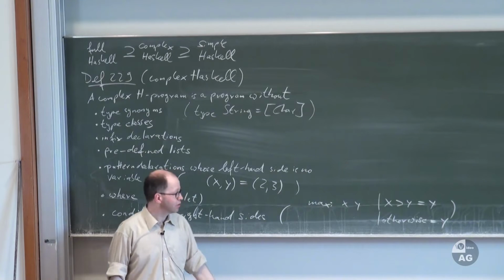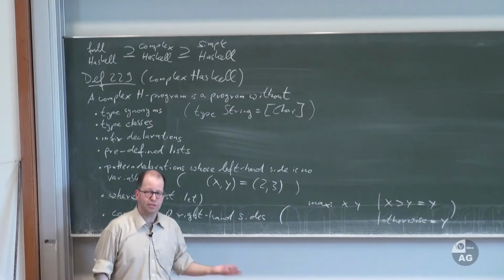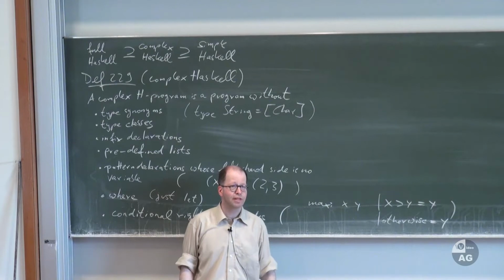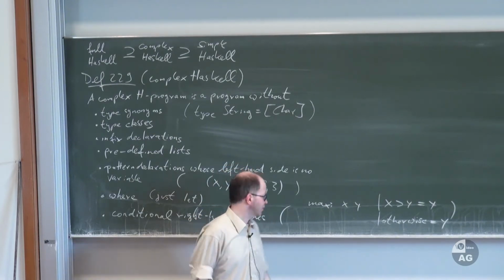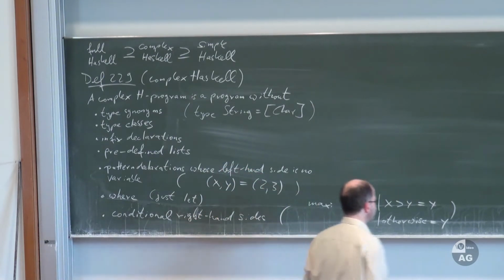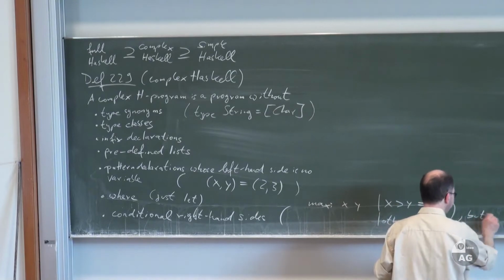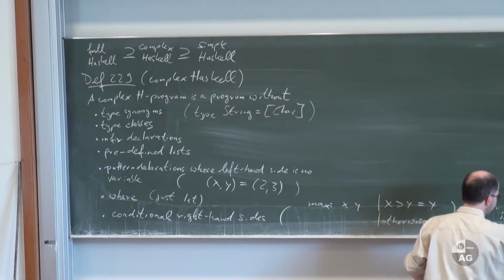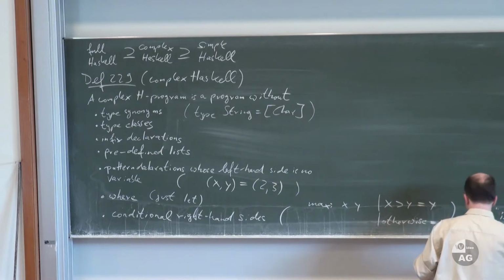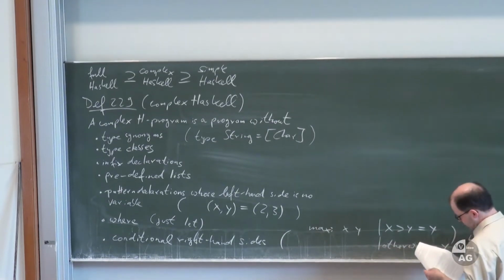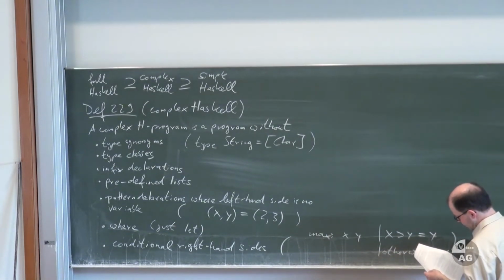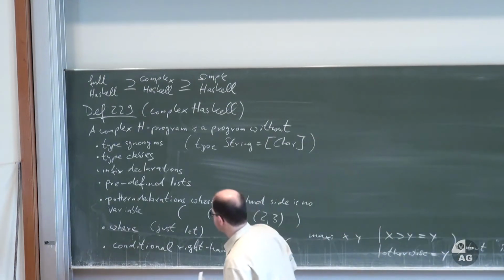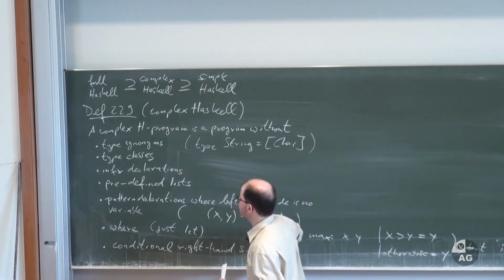If you want conditions, then you have to do it with if then else. Now that's of course easily possible, and indeed Haskell implementations convert this to if then else as well. So that's also not a real restriction. So no conditional right-hand sides, but we have if and we have case. And these are almost all restrictions. 1, 2, 3, 4, 5, 6, 7.